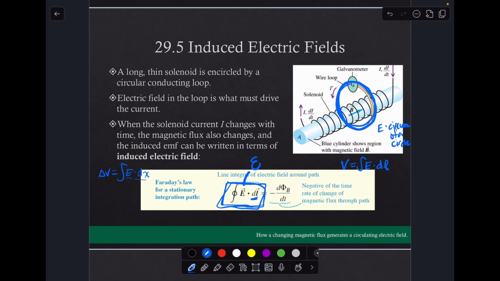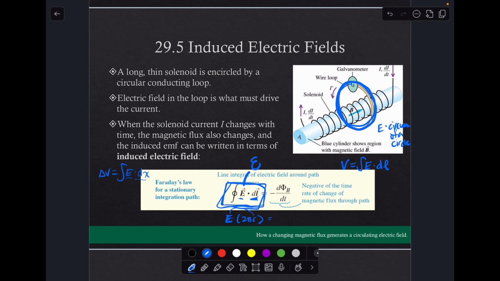So this statement of Faraday's law is saying that the electric field added up along every infinitesimal portion of a circle is equal to the negative change in flux with respect to time. Okay, so the left-hand side is, if E is constant, just E times 2 pi R, where R is the radius of the circle where you want to know the field, okay?